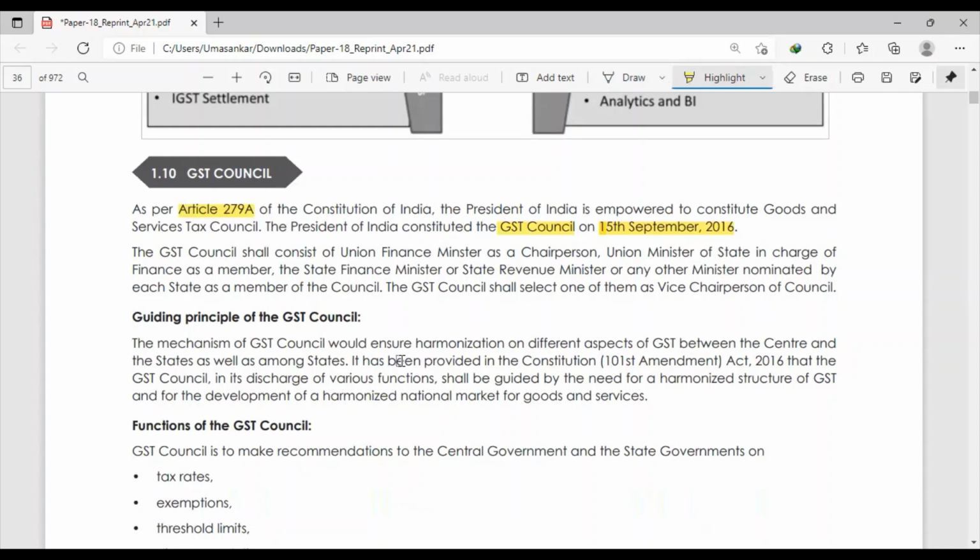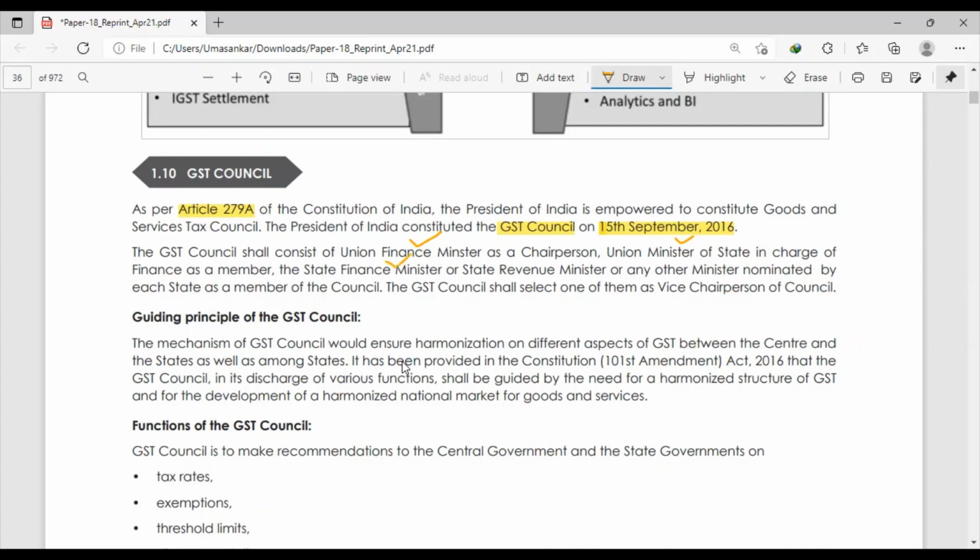The GST Council consists of the Union Finance Minister as chairperson, and the Union Ministers of State in charge of finance as members. For each state there will be a minister handling the financial matters, and the state finance or revenue minister or any other minister nominated by each state as a member.